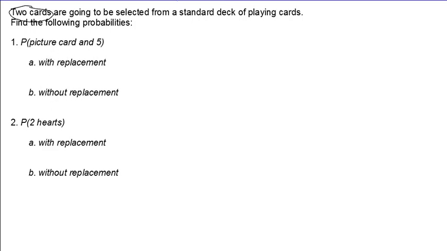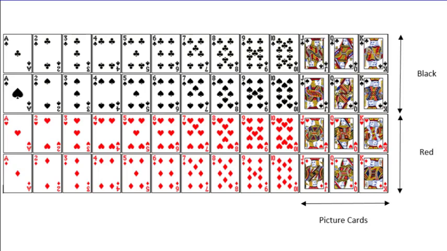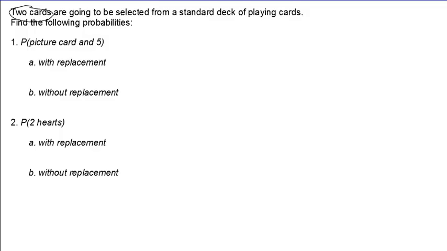So I'm going to find the probability of a picture card and then a 5. So going to my standard deck of cards, remember there are 12 picture cards. And then there are 4 5s out of my 52. So when I do this problem of the picture card and a 5, the probability of a picture card is 12 out of 52.